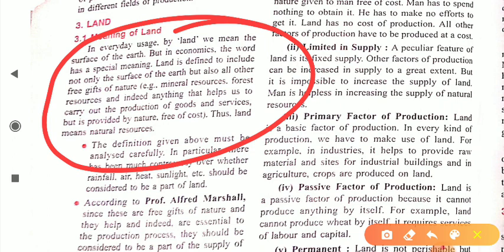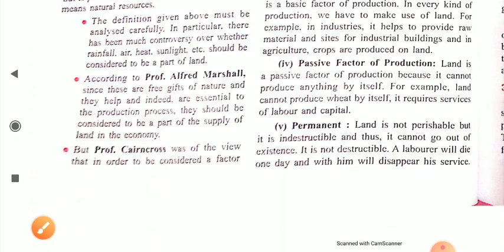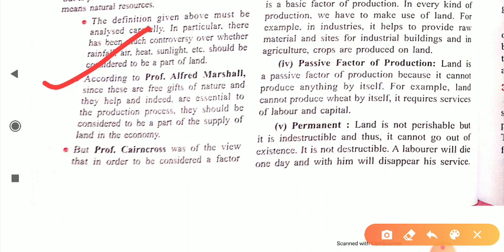So first we will consider the definition of Alfred Marshall. According to Alfred Marshall, since these are free gifts of nature, and they help and indeed are essential to the production process, they should be considered to be a part of the supply of land in the economy.